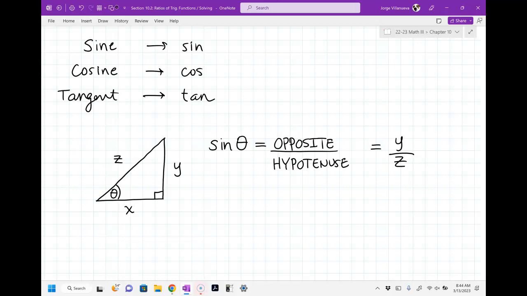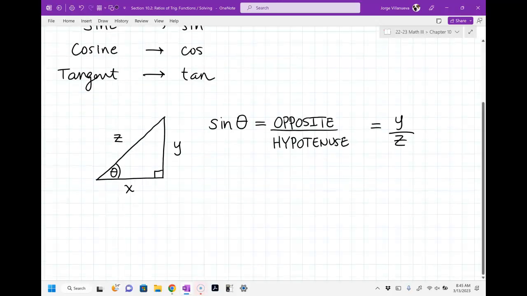It really doesn't matter. Those are the letters they use for those triangles, and we're just using X, Y, and Z. So your sine of theta is going to be your Y value divided by your Z value.